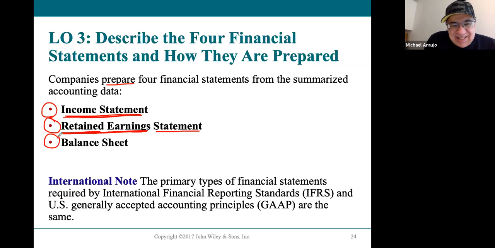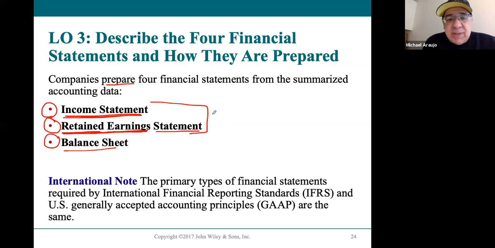And the very last statement that we do is a balance sheet. Now, before I get to the balance sheet, I do want to make sure you understand that both the income statement and the retained earnings statement measure the same period of time. So if the income statement is for the month of September, the retained earnings statement is also for the month of September.